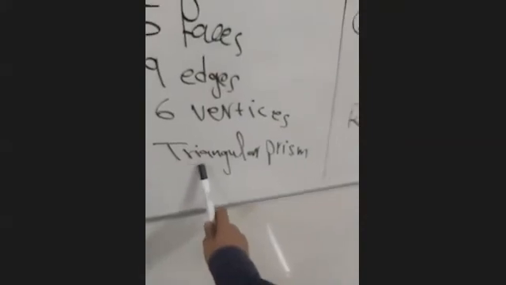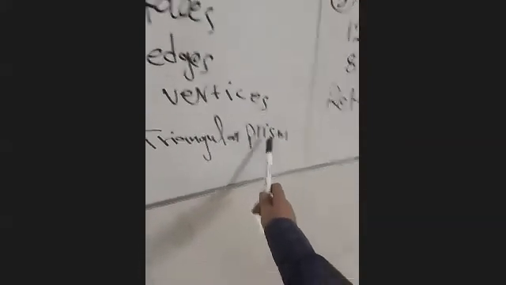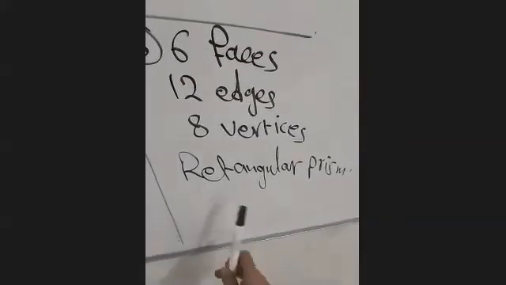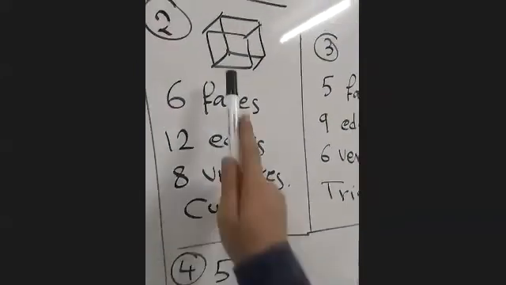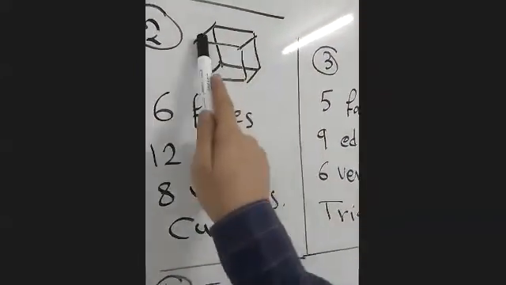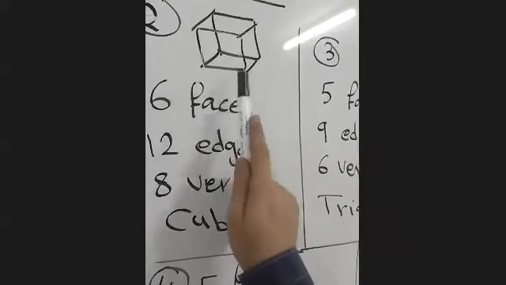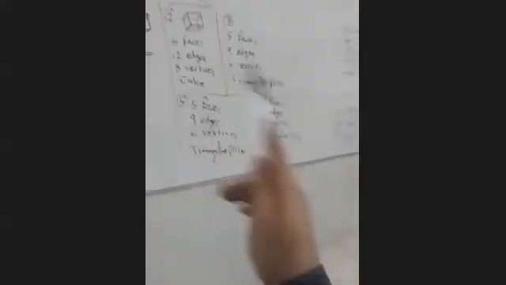Rectangles or triangles? Triangles. That's why here we call it triangular prism. But here, up and down are rectangles, so we call it rectangular prism. We call it a cube if the sides are equal, congruent. You understand it now?